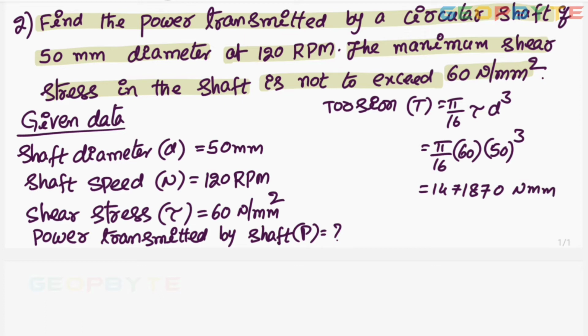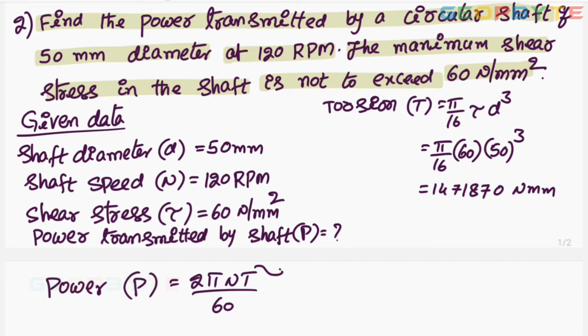But for getting the power, you know power P equal to 2 pi N T by 60, right? This T should be in Newton meter, then only power can be obtained in joules per second. For that, let us convert this torque from Newton mm to Newton meter.